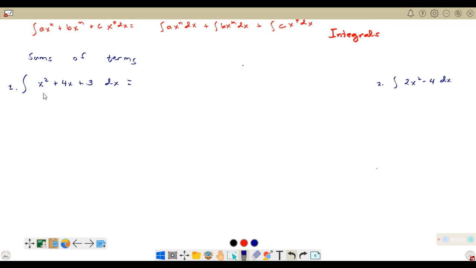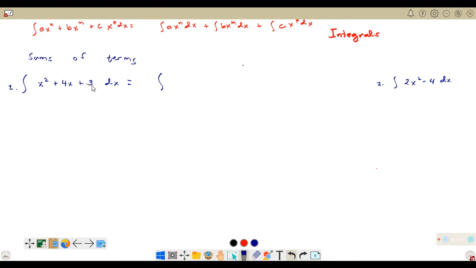Kunin na lang natin diretso yung integral ni x squared, kunin natin yung integral ni 4x, kunin natin yung integral ni 3. Okay? So, we have here x squared. Sulat muna natin siya lahat with the variable x. Kasi with respect to the variable x tayo kumukuha ng integral.